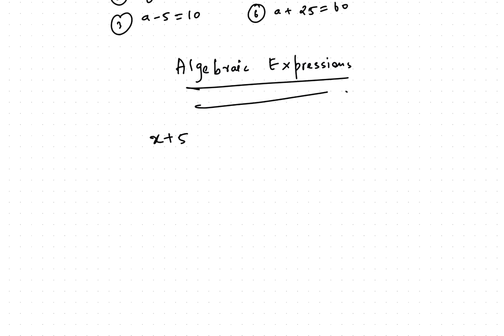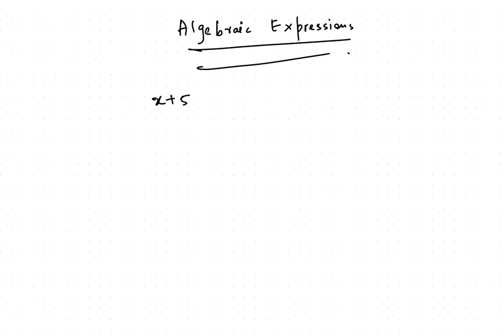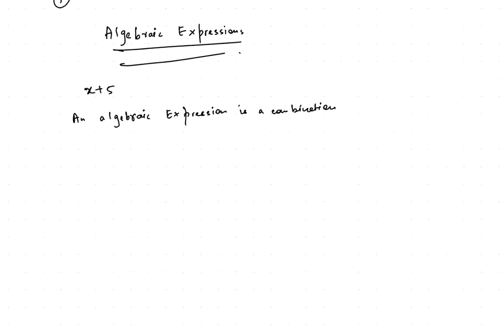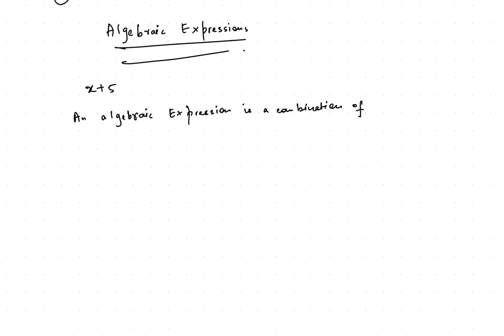An algebraic expression is a combination of specifically numbers. Okay, what does it mean? Let me write it up here. An algebraic expression is basically a combination of, as I mentioned to you, numbers.